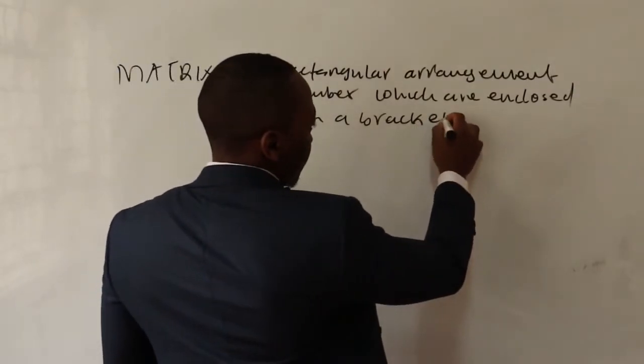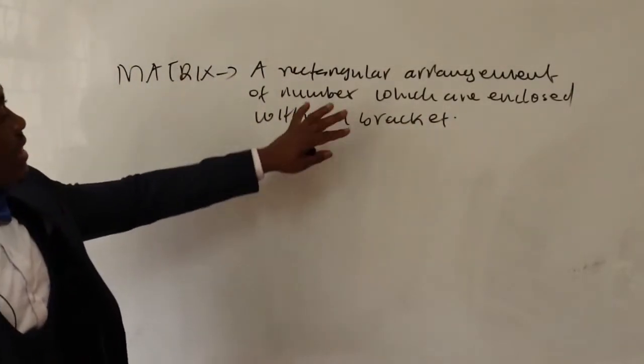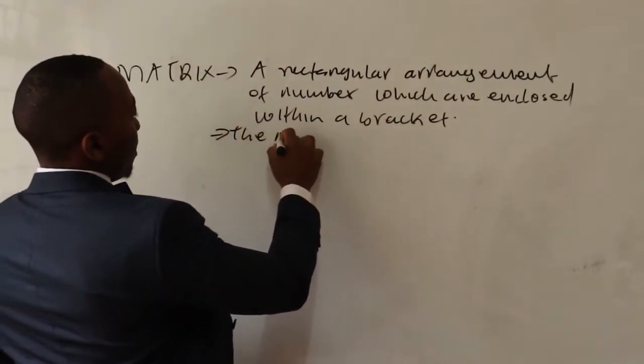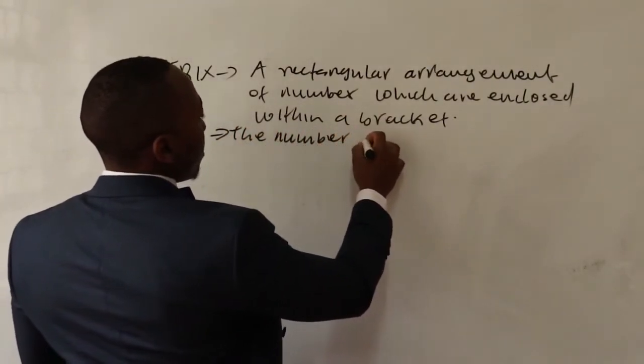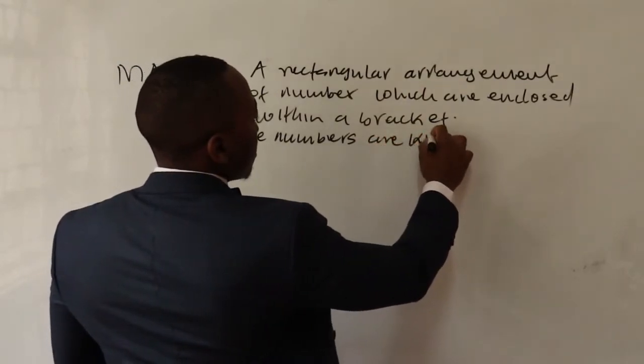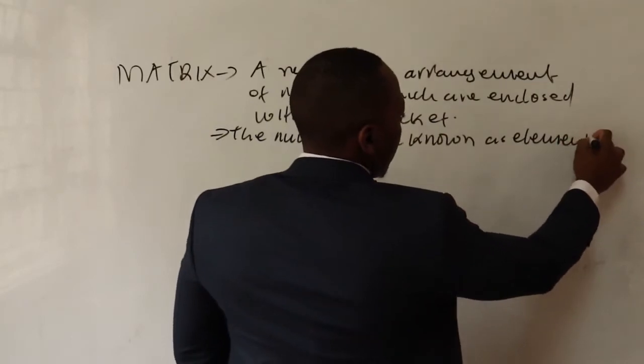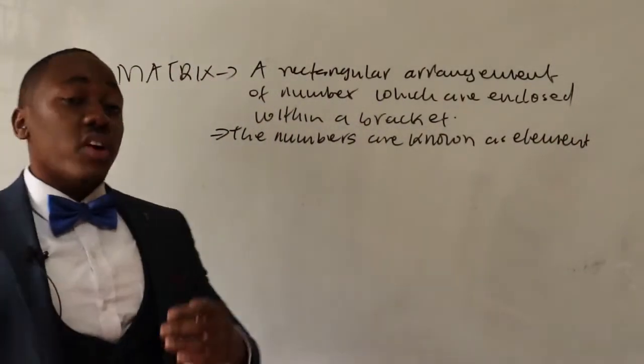And then we are saying that these numbers are known as elements. And then we have also said something about the order of the elements.